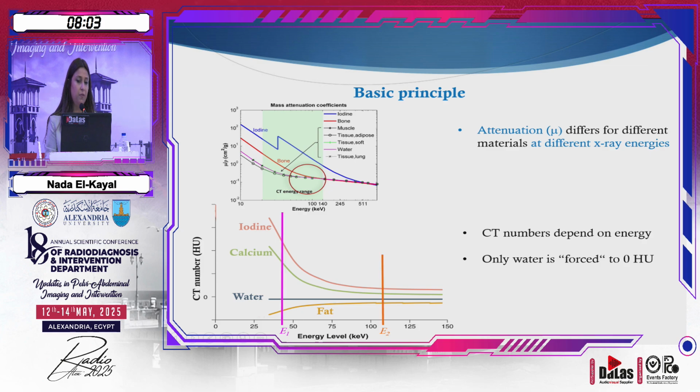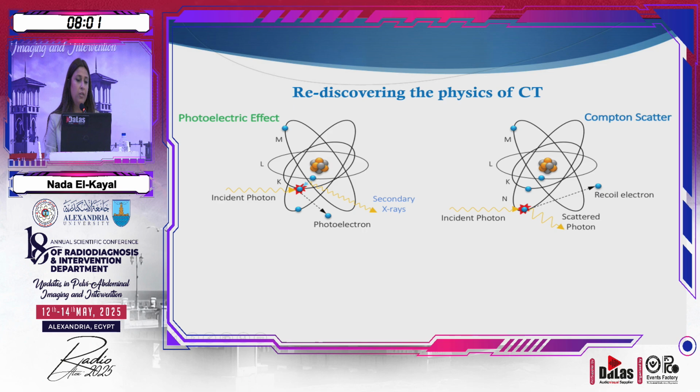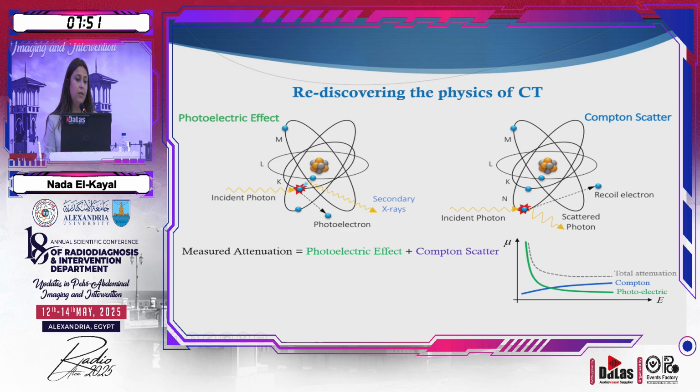For the energy range used in CT diagnostics, the attenuation of photons is mainly by two predominant phenomena, the photoelectric effect and Compton scattering. The measured attenuation is the sum of both, and the relative amount of each depends on the energy of the incident photon as well as the atomic number of the absorber.